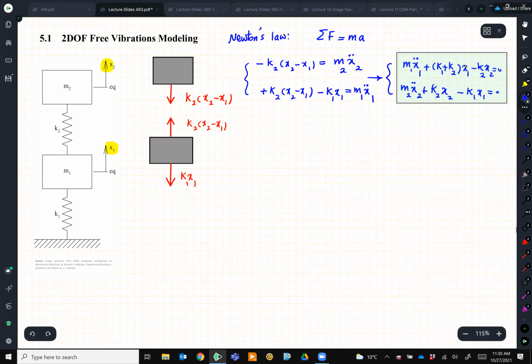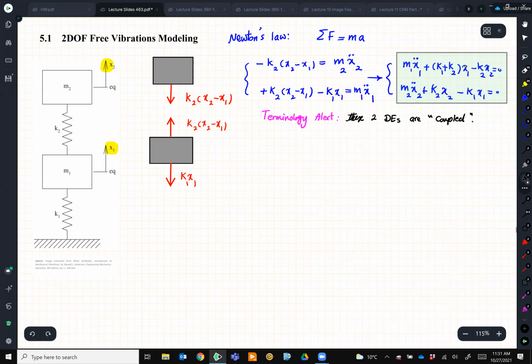And here is a terminology alert. These two differential equations are coupled, right?